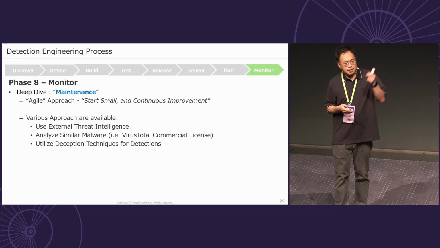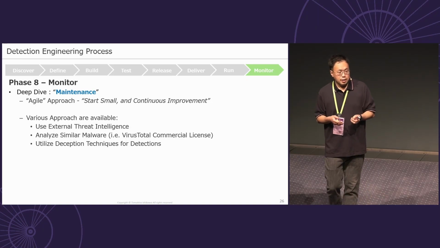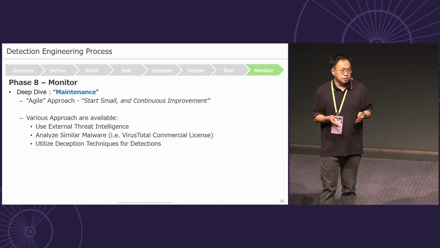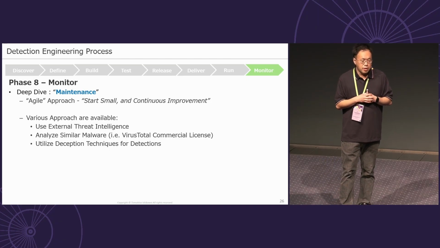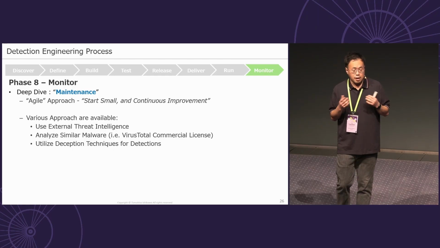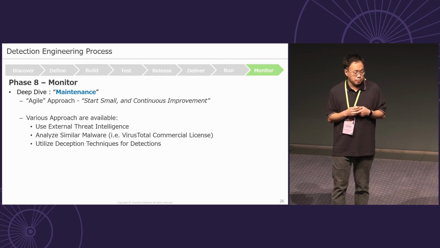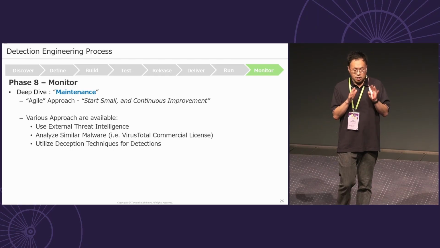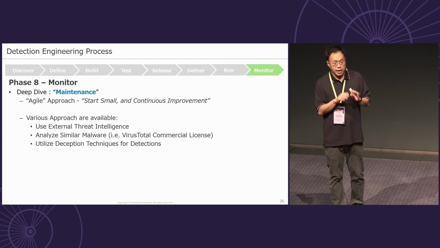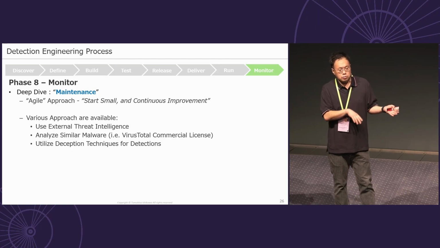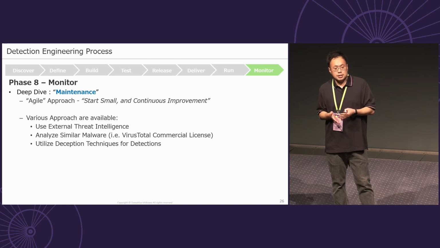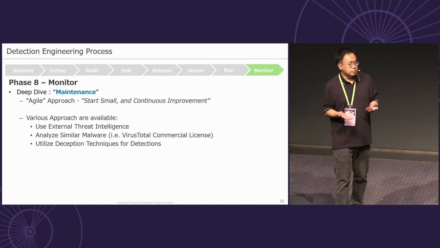Or if you analyze the malware more deeply, for example using code analysis or reverse engineering, you get further information. Analyzing similar malware is also one way. So the concept of maintenance is to improve the code by using external information or deeper analysis.